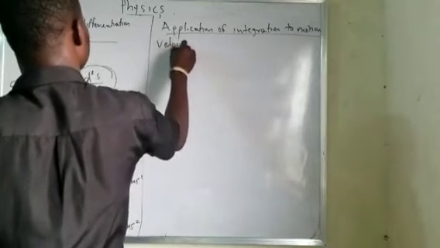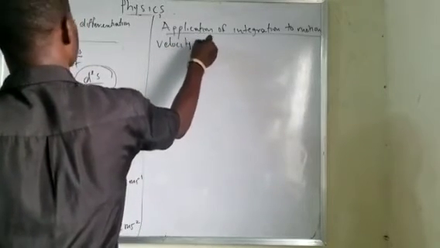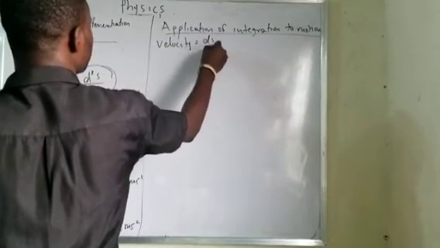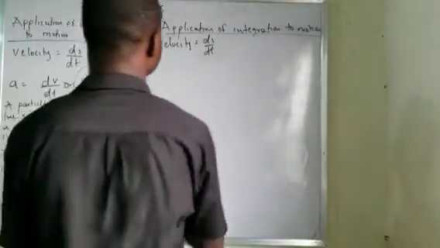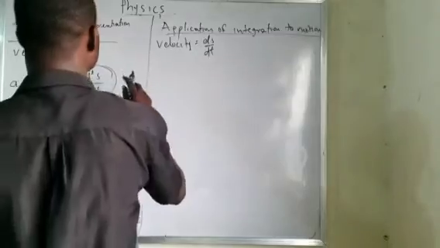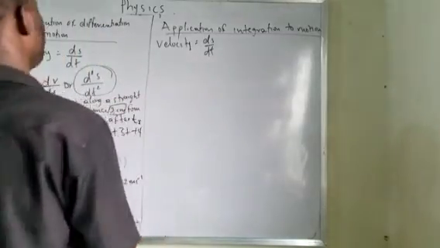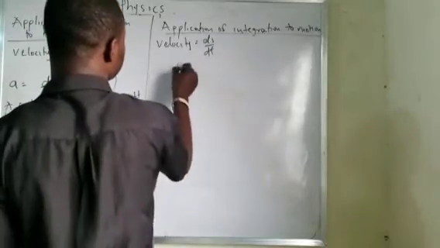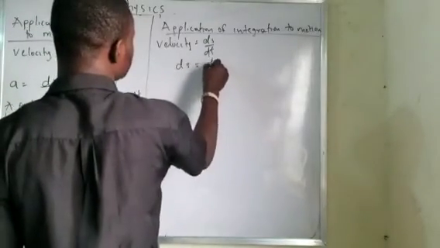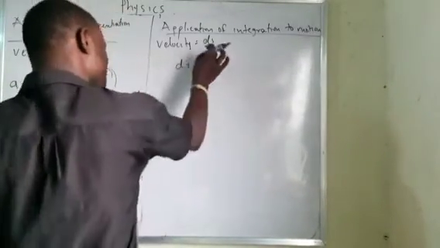Velocity equals dx over dt, so I can say dx equals v dt, differentiating with respect to t.